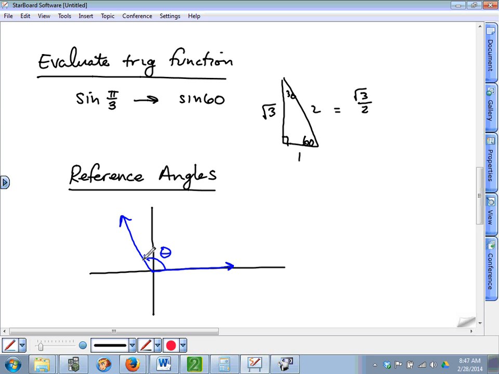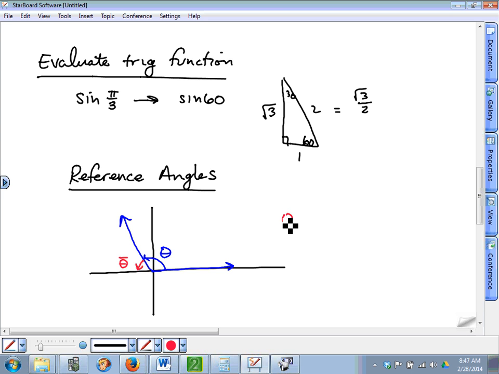Now from the terminal side, continue the angle. From the terminal side, draw another from the angle to the x-axis. That's what's called a reference angle. The notation this book uses is theta with a bar across it. Other textbooks use theta with an apostrophe. They both mean pretty much the same thing, reference angle.